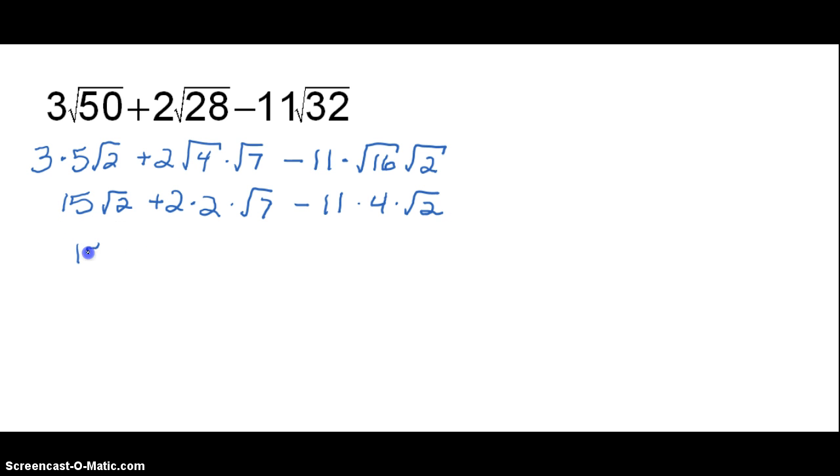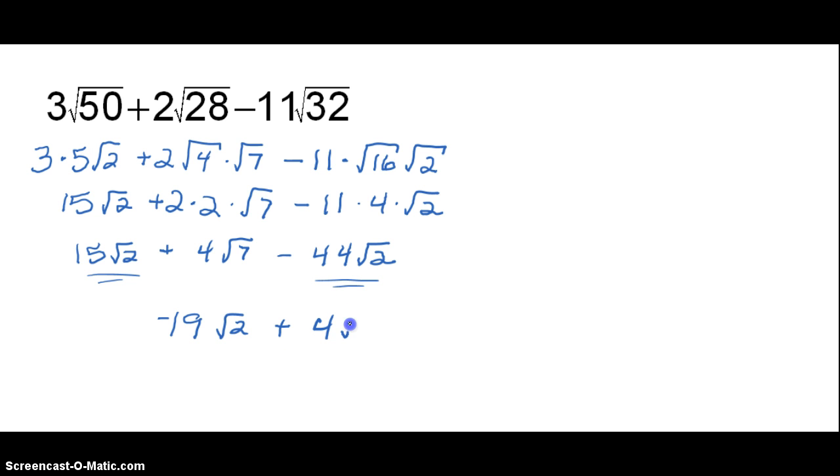Then we have 15 square root of 2 for one term, 4 square root of 7 for the middle term, and negative 44 times the square root of 2 for the third term. We have two like terms, so 15 and negative 44 is negative 19 square root of 2 plus 4 square root of 7.